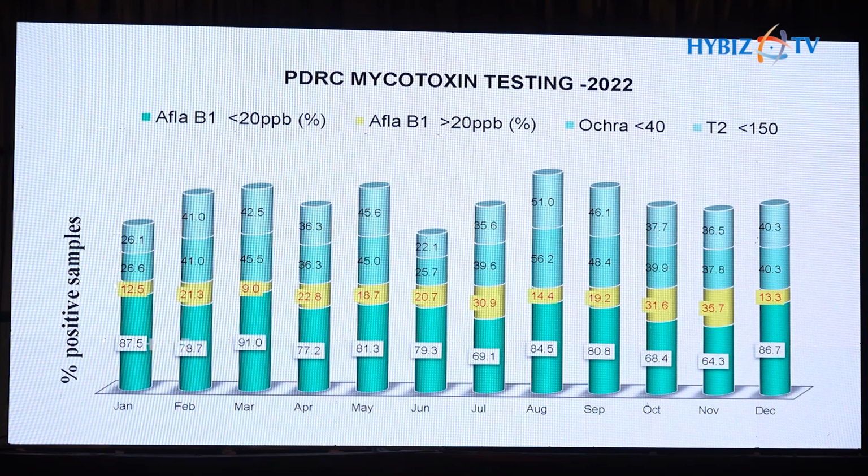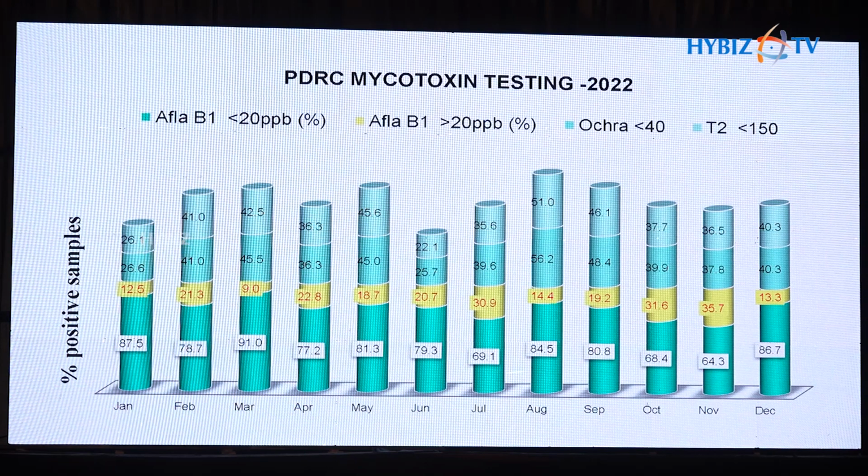Here, the positive samples you can see in these green bars are aflatoxin at low levels, less than 20 ppb, and the yellow has more than 20 ppb.